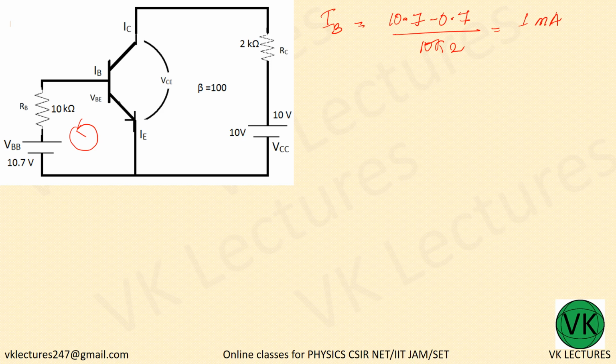Okay, this is the IB, current flowing through the base. Now from that we can immediately write IC is equal to beta times IB, 100 into 1 milliampere, that is 100 milliampere. So IC we got.